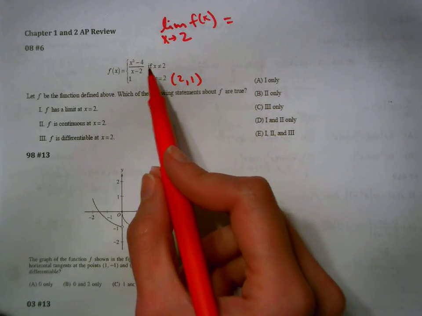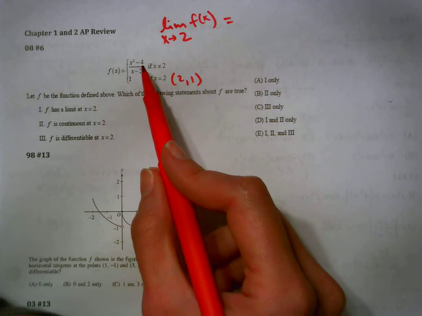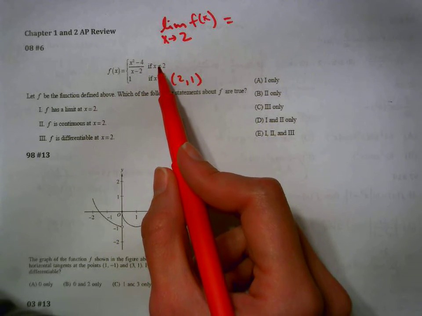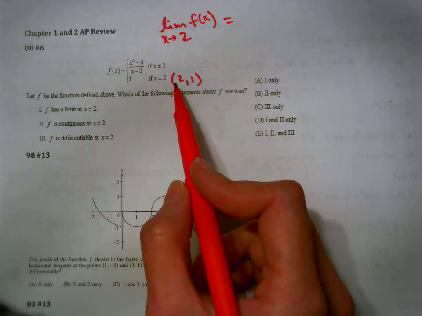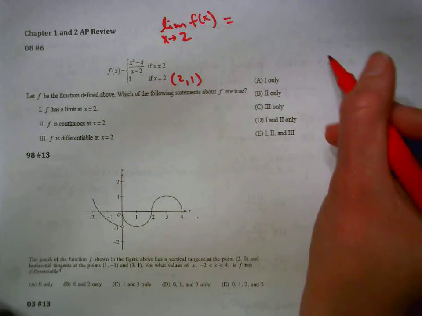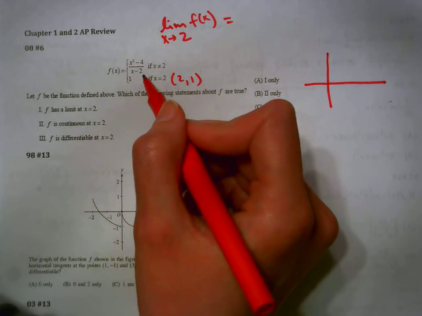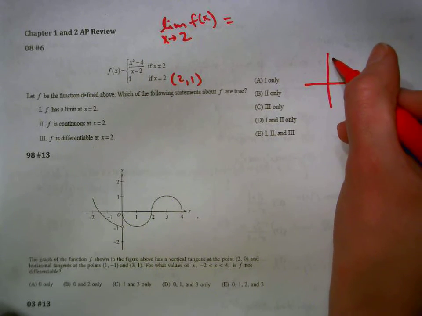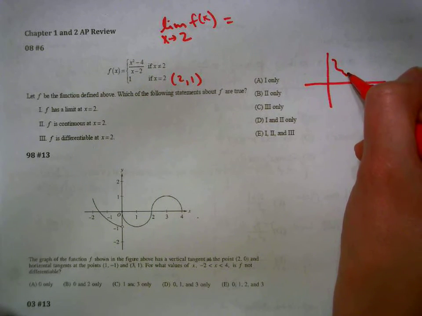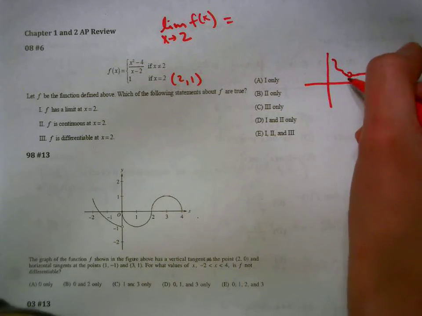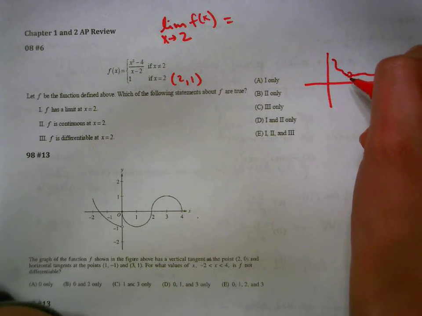So we really care about this function and whether the limit exists here, even though technically at 2 it's not this function, it's this point, but a point doesn't tell you about a limit, right? It could be something like a hole here, and then that point is at 2, 1, and we don't know if that point necessarily fills that in or not.